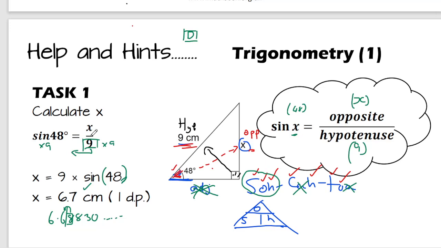If we've got the angle, and the opposite on the top, which we're looking to find, we need to solve for x. So let's move the denominator of my fraction away by timesing by it. So hence 9 times sin 48, and that's going to give me my answer, and we're rounding to 1 decimal place. Okay, have a go at task 1, and if you pause the video now, we'll come back for task 2.